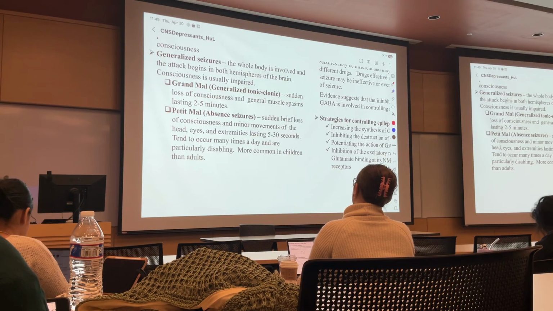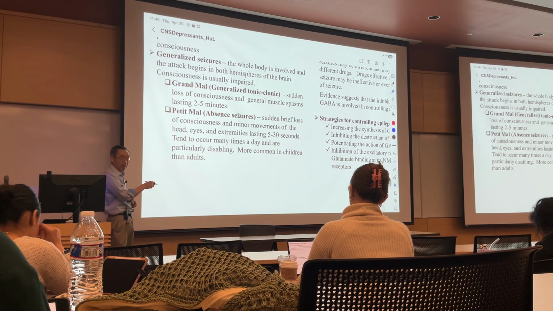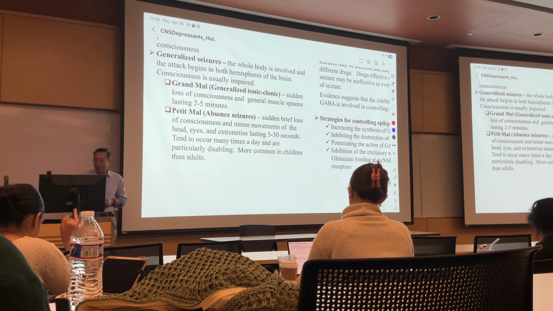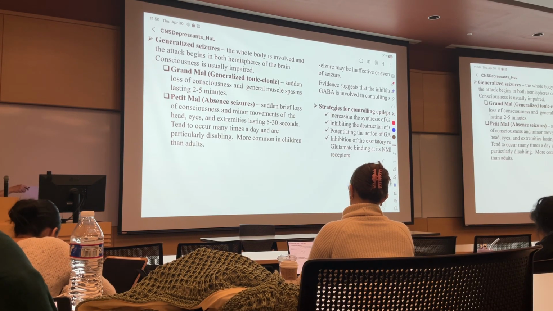One is called grand mal seizures, also referred to as generalized tonic-clonic seizures. This is sudden loss of consciousness. Again, this is whole body, right? Consciousness is lost, and general muscle spasms last 2 to 5 minutes, longer than the partial seizures. 2 to 5 minutes.